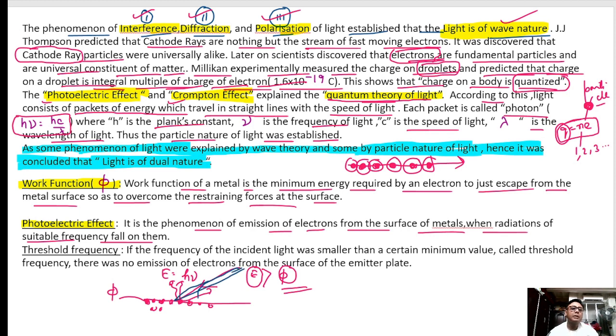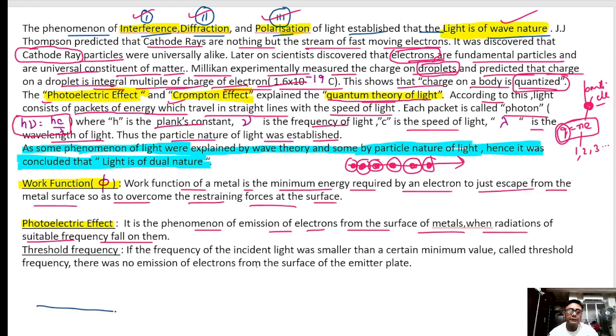Okay, one minute. Let me make this a little bit easier for you. Suppose this is the surface, and here are some bound electrons on the surface whose minimum energy is phi.